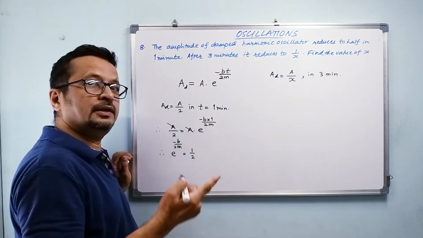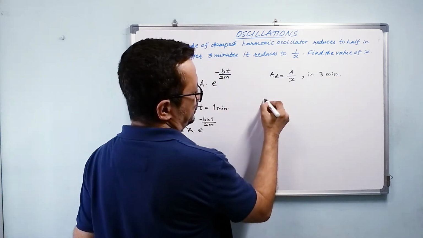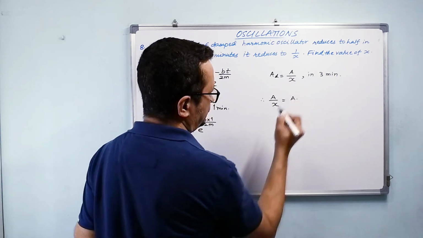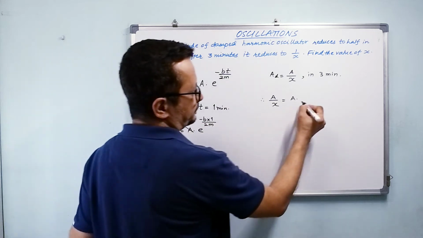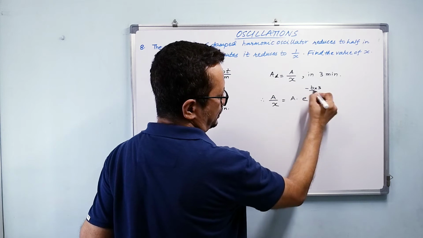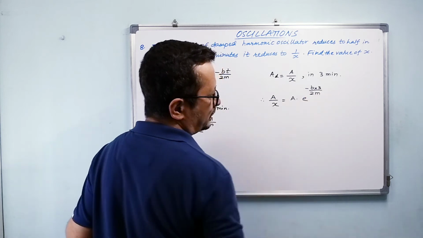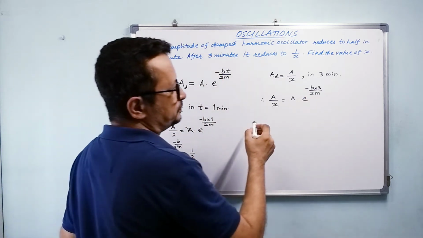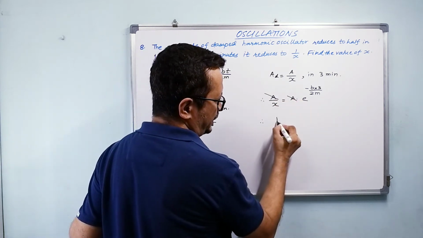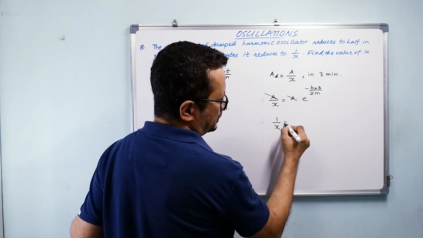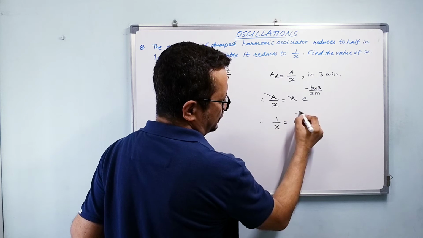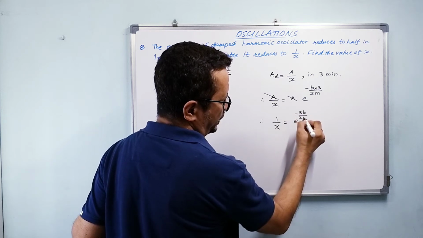Therefore A upon x is equal to A into e raised to minus b into 3 upon 2m. Again we cancel this A, and I can write 1 upon x is equal to e raised to minus 3b upon 2m.